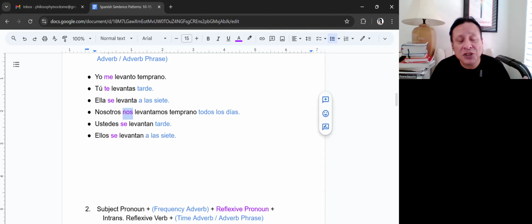But the meaning doesn't change. We get up early every day is the same meaning as the Spanish. We're not adding emphasis. We're not adding clarification. We're saying the exact same thing. It's just that the grammar of levantarse, which is the reflexive one, is going to force us to add a different piece of grammar into our sentence than the English requires.